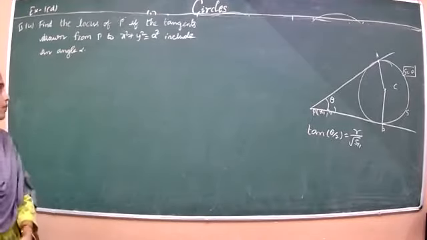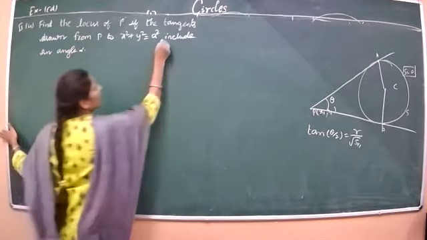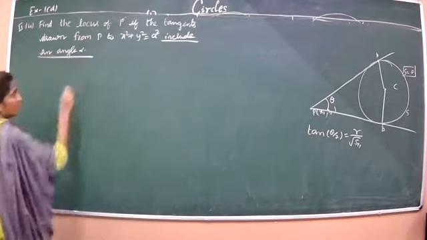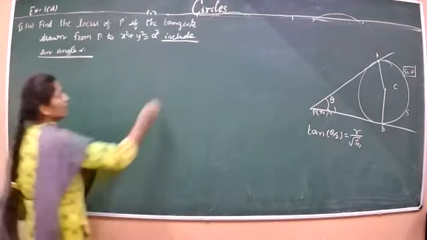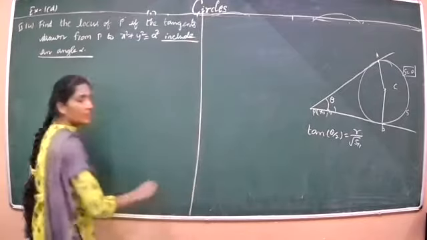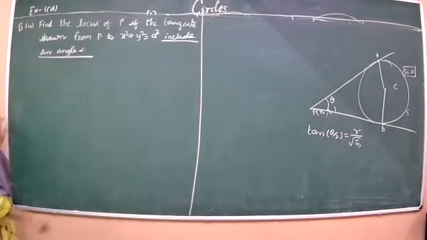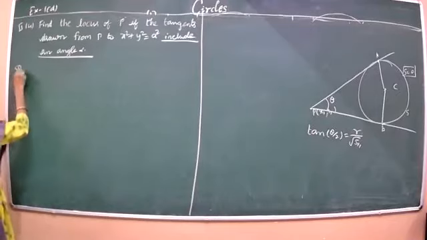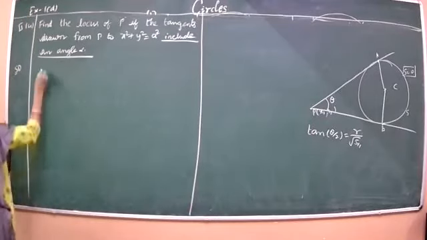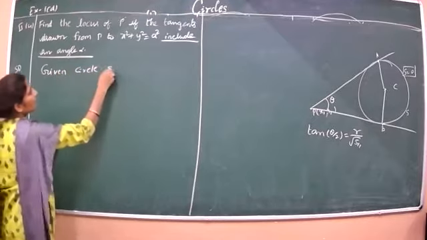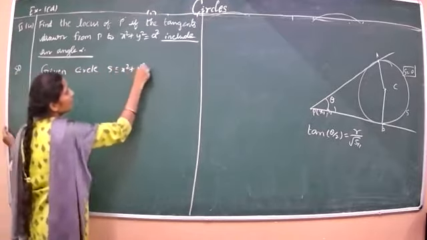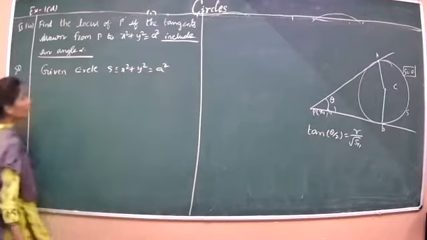So here there will be two questions. One includes an angle alpha. In the next question it includes 90 degrees. So first we will do the common principle and then we will talk about the different cases: what happens if it is alpha and what happens if it is 90 degrees. Given circle S = x square plus y square minus a square.